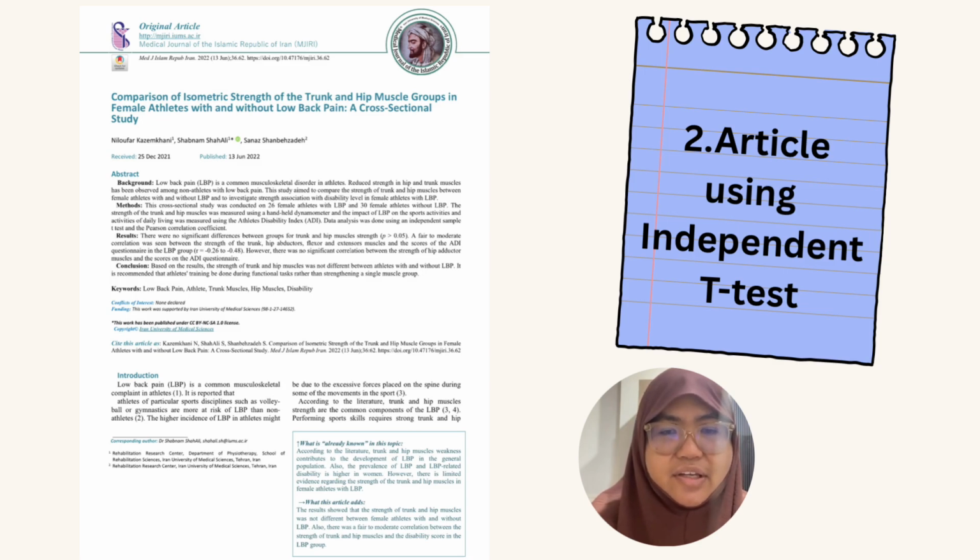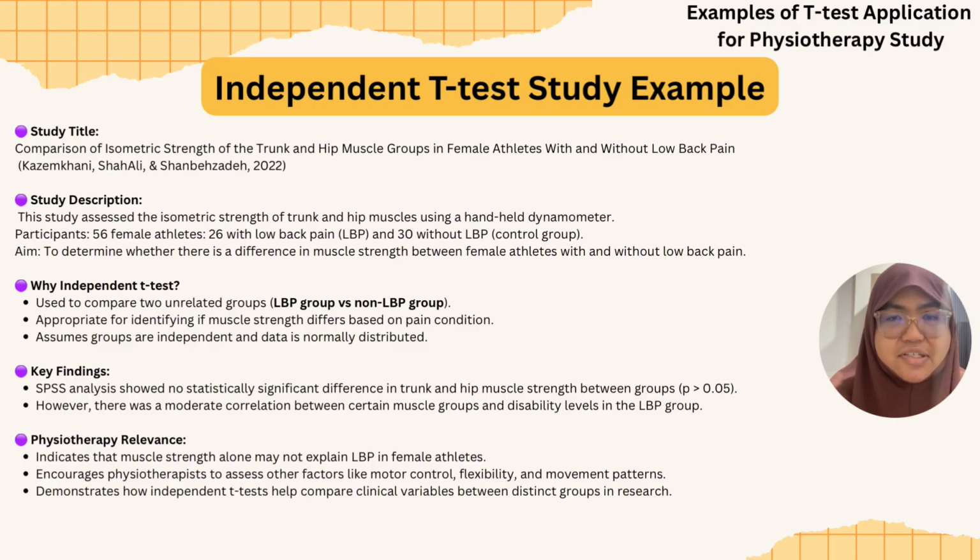The second one, this article used independent t-tests. This research is titled Comparison of Isometric Strength of the Trunk and Hip Muscle Groups in Female Athletes with and Without Low Back Pain. It involves 2 separate groups, 26 athletes with low back pain and 30 without low back pain. An independent t-test was used to compare the 2 unrelated groups.